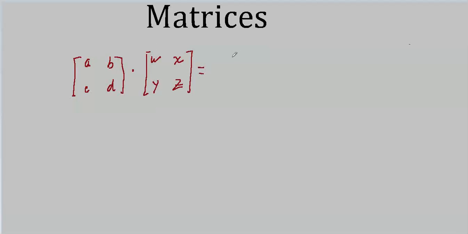We got AW plus BY. And that's only the first component of our new matrix. Our next component, see, this is the upper left. Our upper right component is the first row times the second column. That's AX plus BZ.